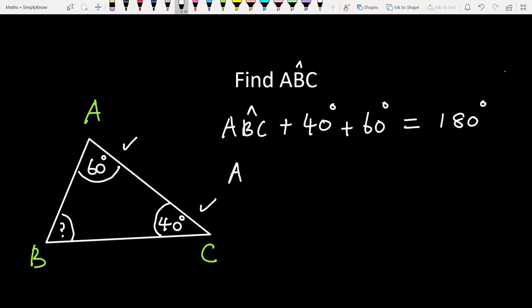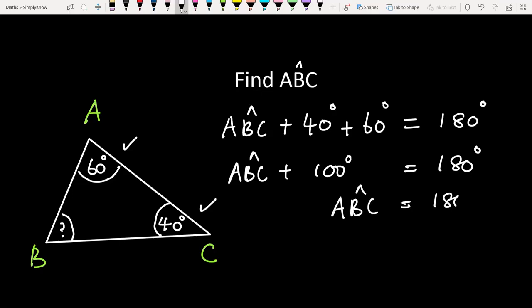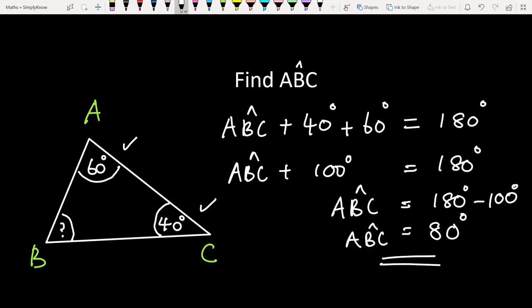So ABC plus 100 degrees equal to 180 degrees. Then angle ABC equals 180 minus 100. So it will become 80 degrees. Angle ABC equals 80 degrees.